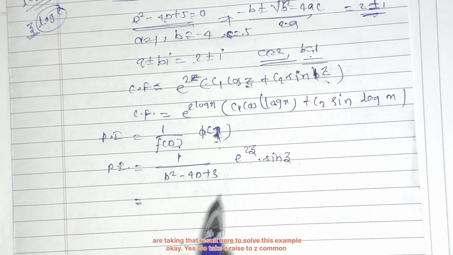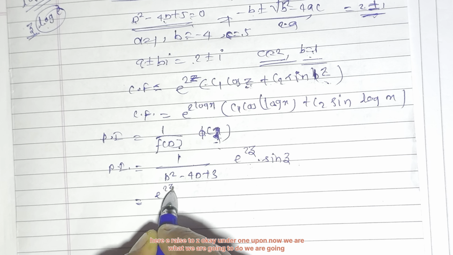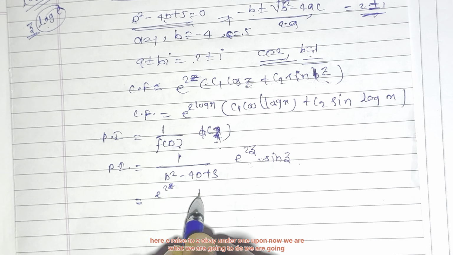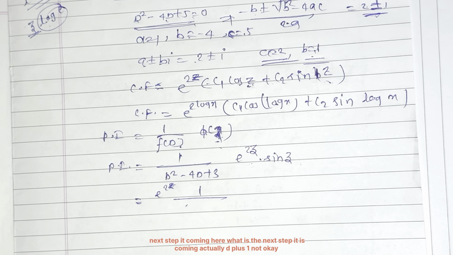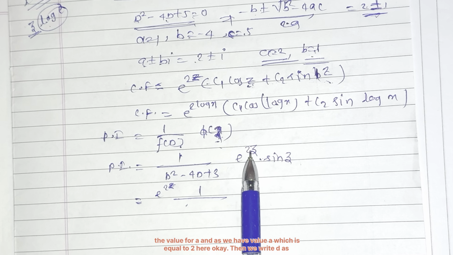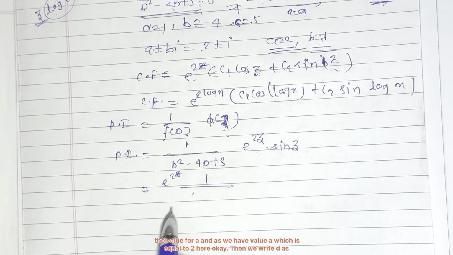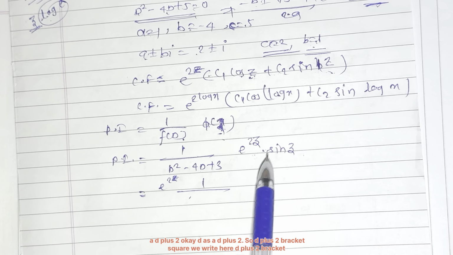Take e raised to 2z common here, e raised to 2z, under bracket 1 upon, and now we are going to replace d with d plus a. As the value of a is equal to 2 here, we write d as d plus 2.